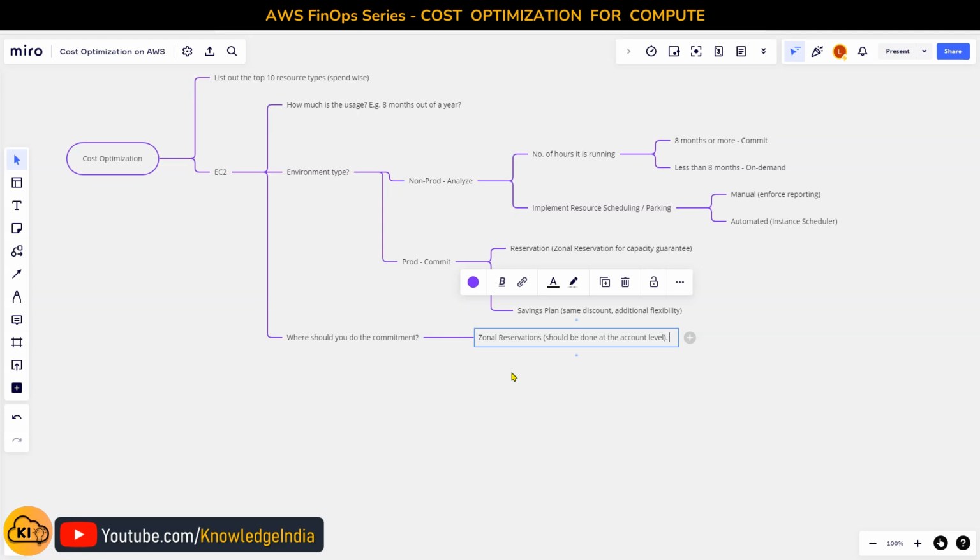So for zonal reservation, it makes sense to do it in that particular account, and you should choose the correct availability zone while doing the reservation. So that's about the zonal reservation.